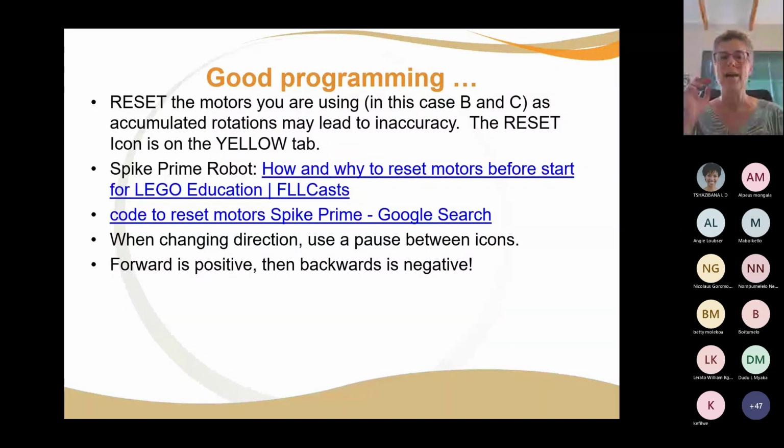And then whenever your robot changes direction, goes forward and goes backwards, or forward and around the corner, please put in a pause or a wait between icons. You normally do it for about 2 seconds initially, and then when you fine tune it, you can bring it down to 1 second. But it definitely leads to better accuracy. When we have bigger robots, accuracy counts all the way.